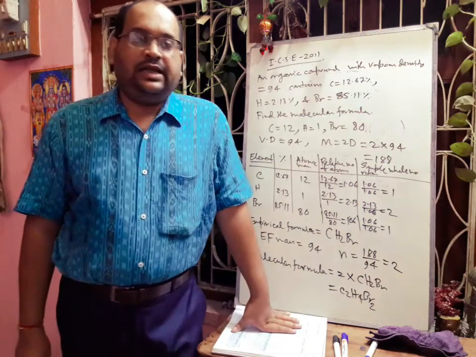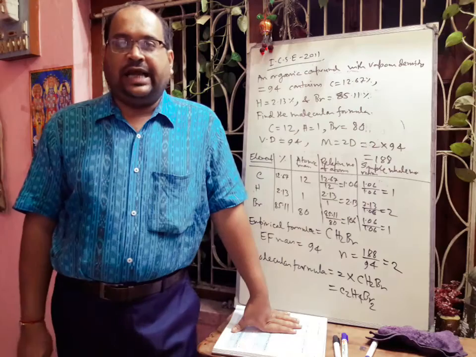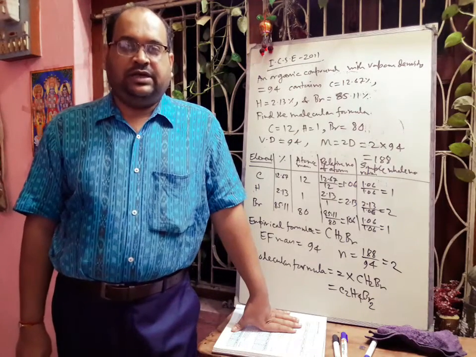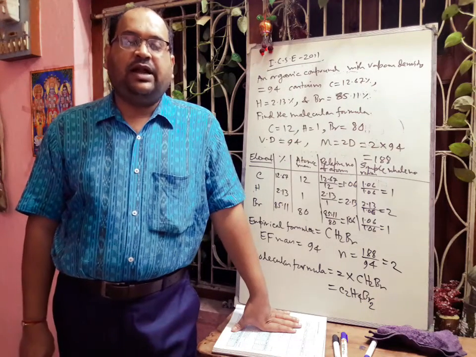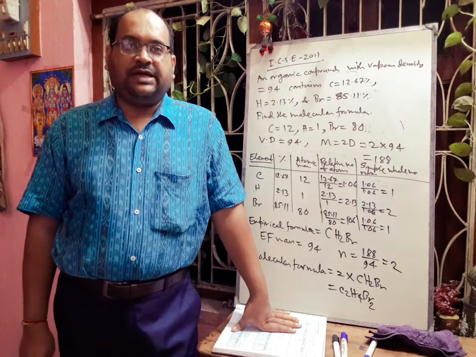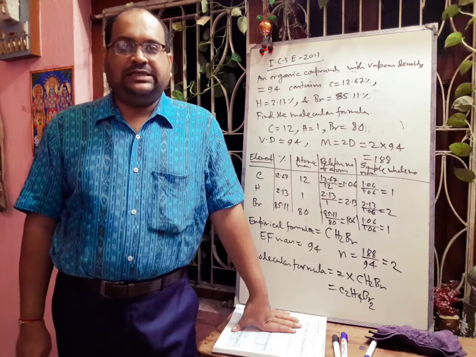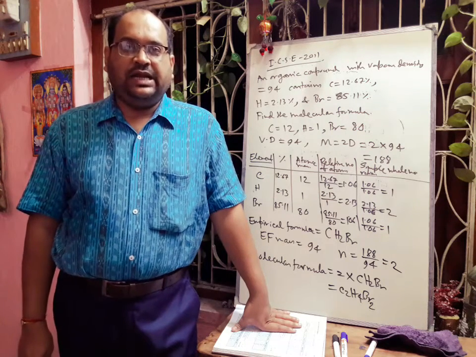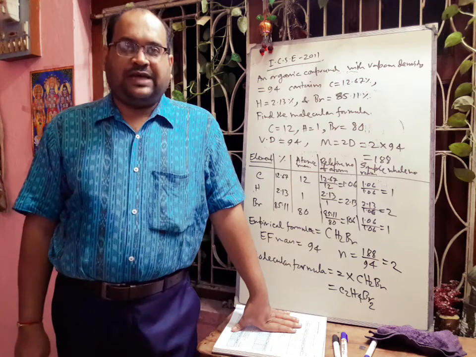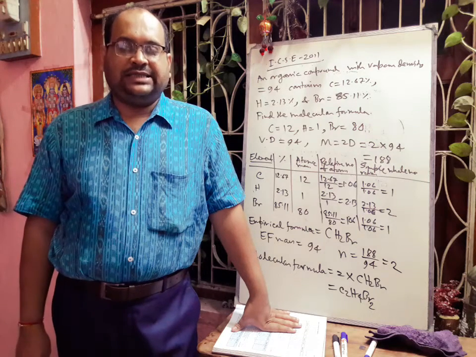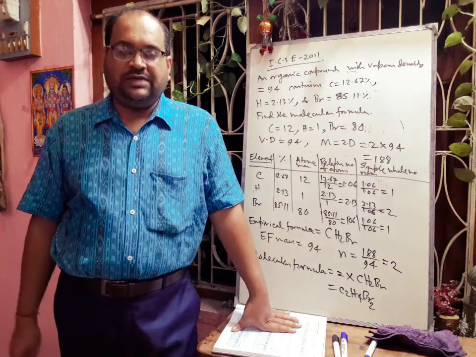Okay, and the last portion of this chapter is the calculation based on chemical equation. A balanced chemical equation gives the quantitative relationship between the masses of the reactants and products, and the calculation of relative amounts of substance in a balanced chemical reaction is called stoichiometry. Stoichiometry means balanced equation.